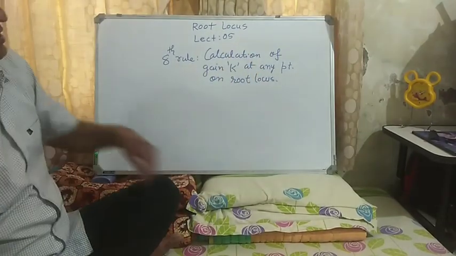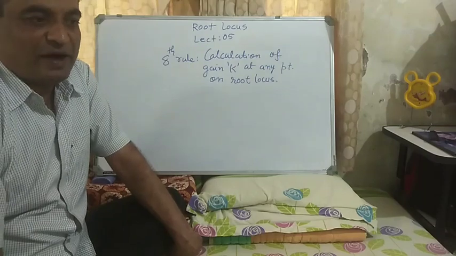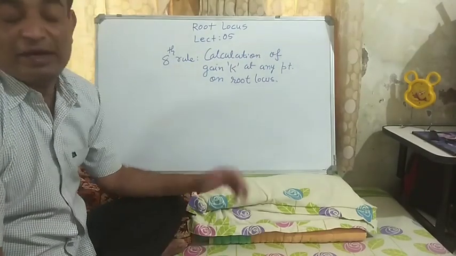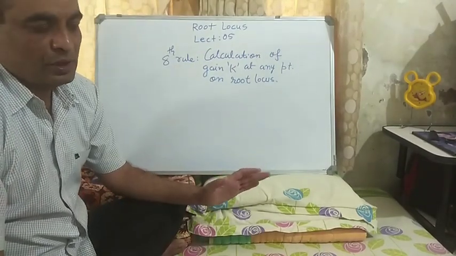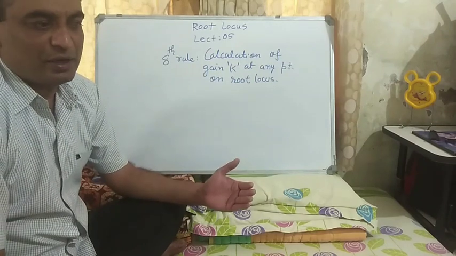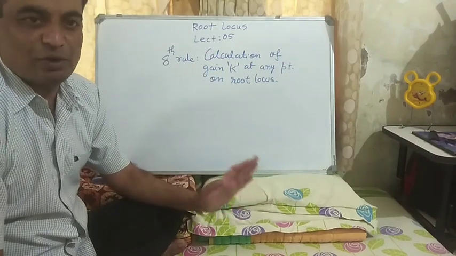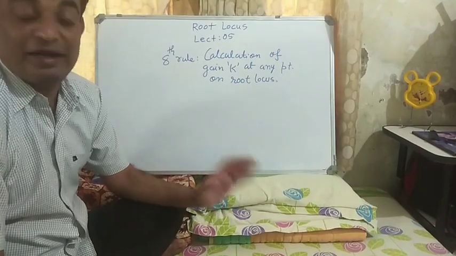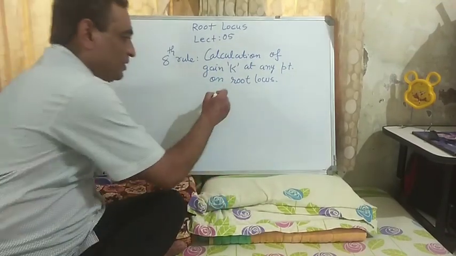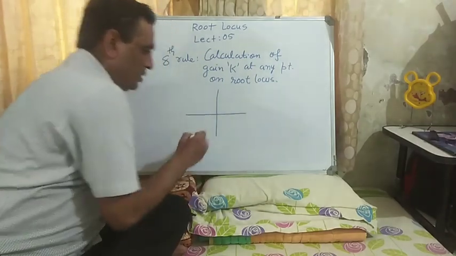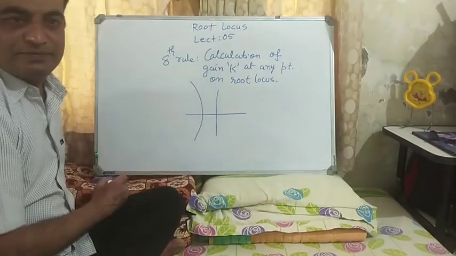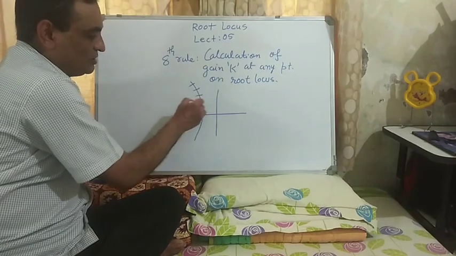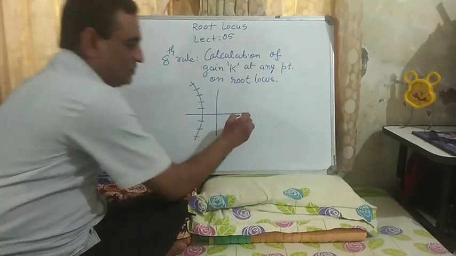So this rule tells you that you can find the value of gain k at any point on the root locus. It means that, for example, suppose the root locus is already sketched and you want to find the value of gain k at any point on it. Let's say this is the root locus, this is my S-plane.